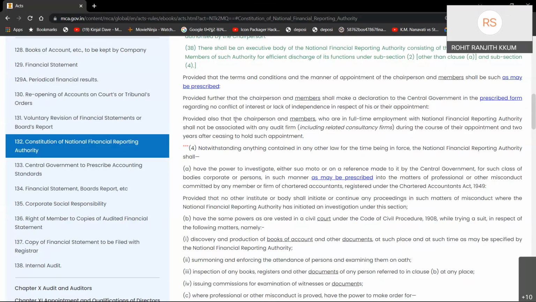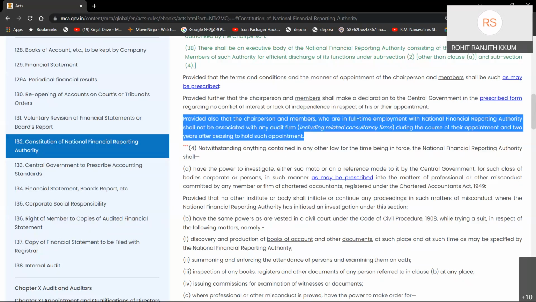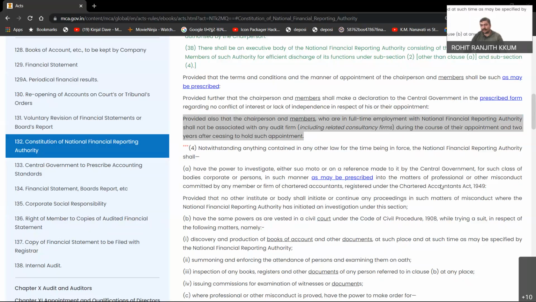Further, it says provided also that the chairperson and the members who are in full-time employment with NFRA shall not be associated with any audit firm during the course of their appointment and 2 years after ceasing to hold such appointment. This is a very, very interesting restriction over the professionals. There can be a question: all those chartered accountants who are full-time members or in full-time employment of NFRA, till they are working plus 2 years after their retirement, they cannot accept any firm's audit.